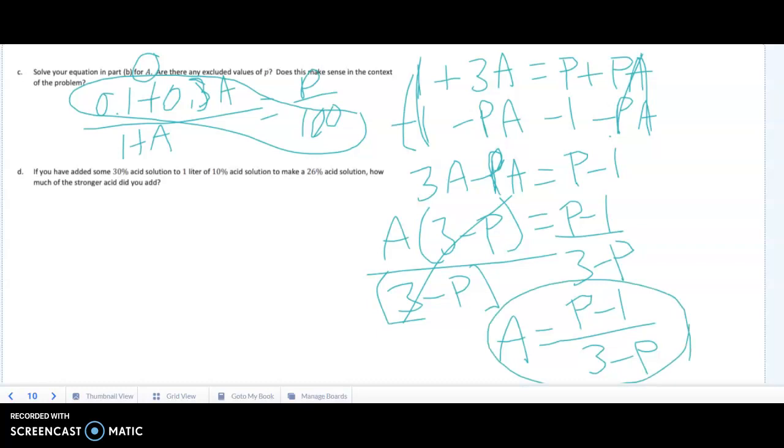But notice that I still have the percentages. Minus the 10%, 3 minus the percentage of what you desire, and that gives you your answer.